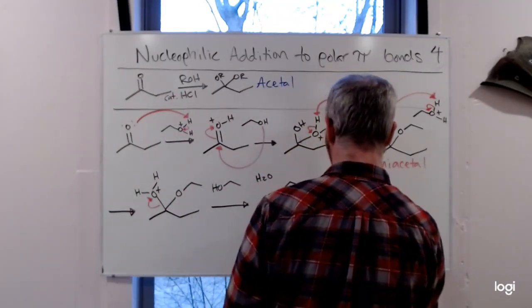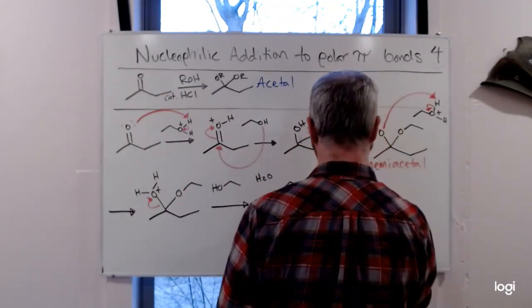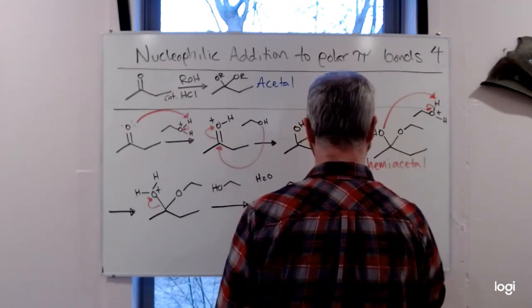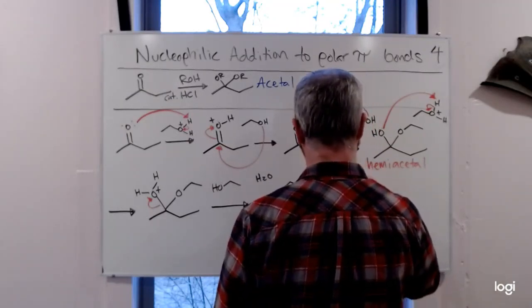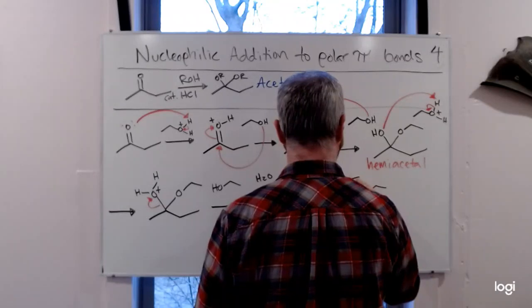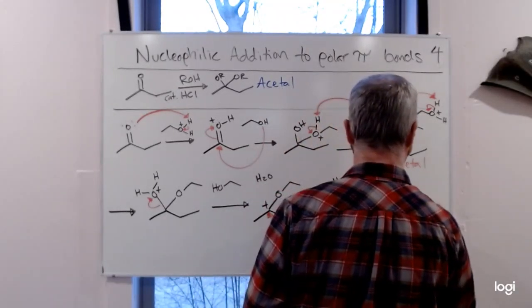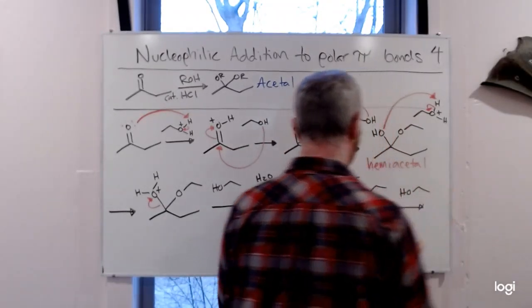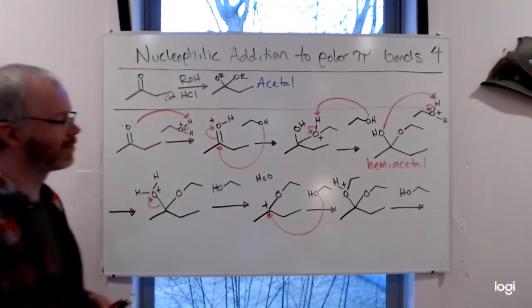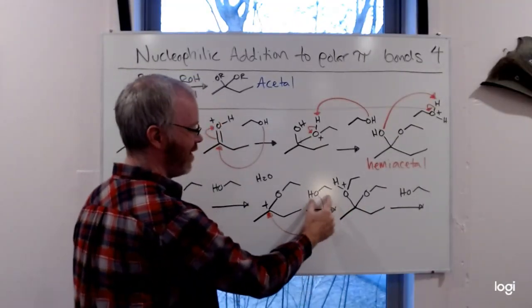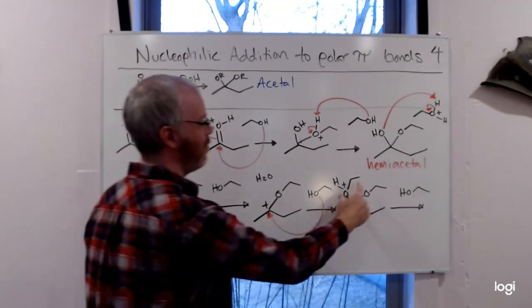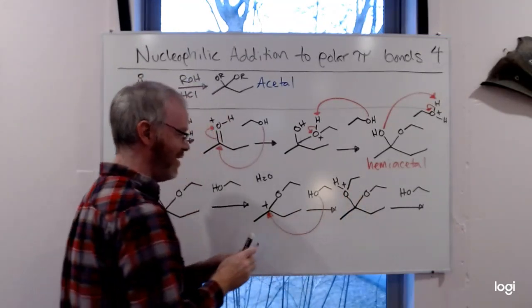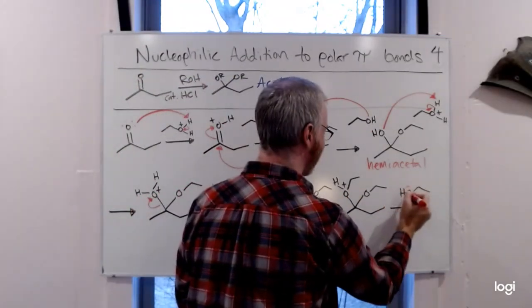I hope I left myself enough room here. I didn't. So if my alcohol adds to this carbon, the whole alcohol is going to add, then it's going to need yet another proton transfer.